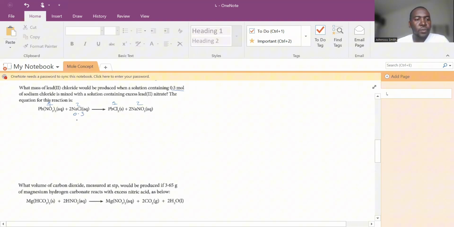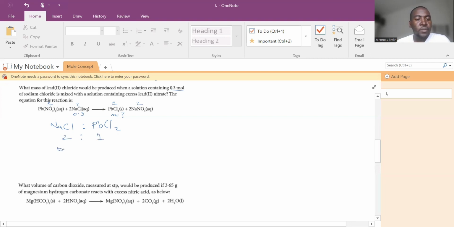All right, so what we need to find is the mass of lead-2 chloride. So we're finding how much mass for that, right? Now that we know that we have this amount of moles of sodium chloride, we can equate sodium chloride to lead chloride, because that's what we need to find something for. So in the real equation, it would have been 2 sodium chloride to give us 1 lead chloride.